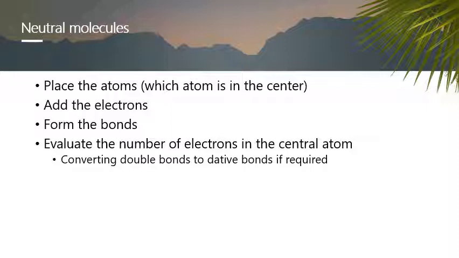In order to place atoms, you need to know which one is in the center. We take the less electronegative one to be the center. Then we add electrons. Then we form bonds. And then we calculate the number of electrons in the center atom, to see if we need to make double bonds or dative bonds. How will we do this? Let's continue.